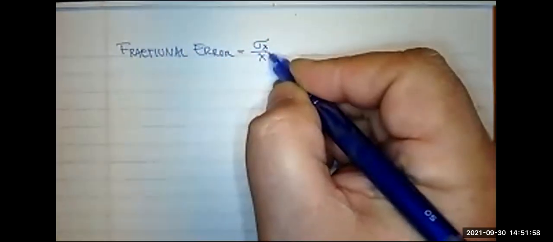It has a neat symbol, sigma x over x. So the fractional error in x would be sigma x over x. The formula is just sigma x over the best estimate of x.